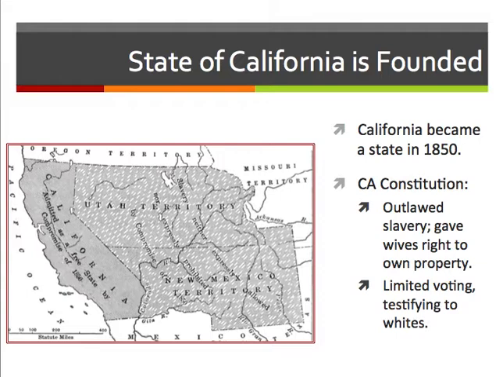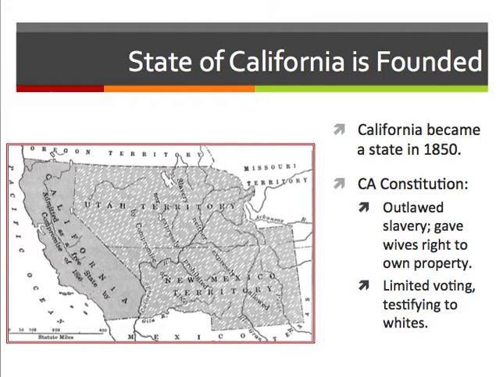For instance, New Mexico didn't become a state until 1912, and part of the reason is that a significant portion of the New Mexican population was indigenous, so the U.S. government did not have an interest in establishing statehood for New Mexico in the same way that it did for California. A constitutional convention was held in California in 1849 to draw up not only the state's constitution, but also the territorial boundaries of the state.